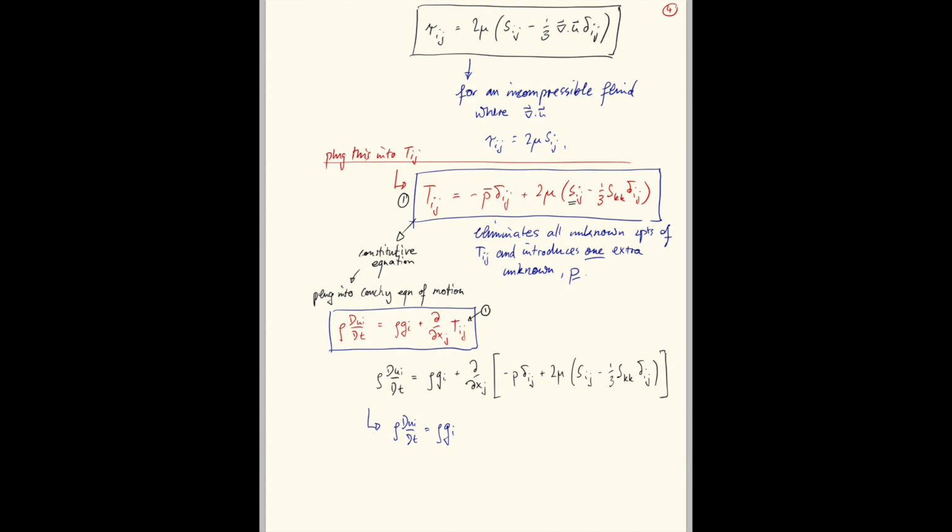Now I act with d by dxi on the pressure term, and so the Kronecker delta contracts, and I'm just left with minus dp dxi plus the strain tensor term.